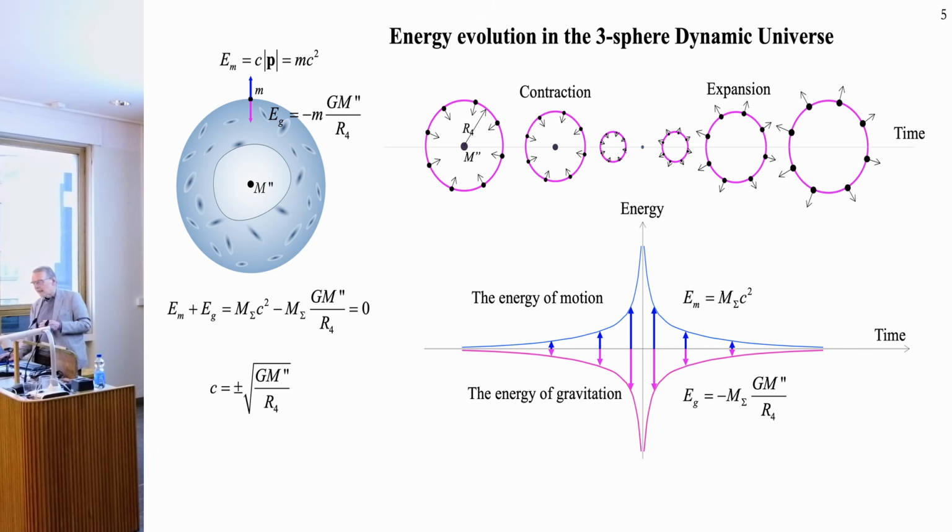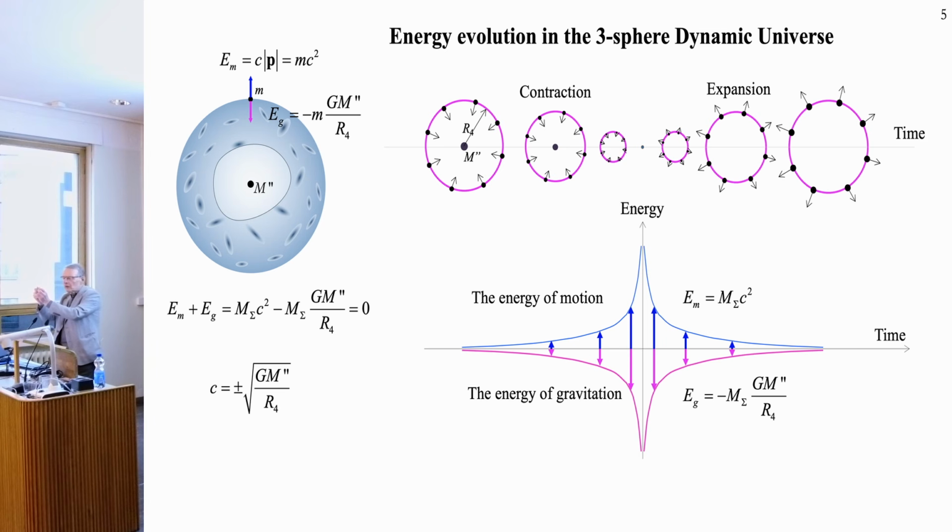What it means is that starting from practically, if we like, almost infinity in the past, the structure finds its mother center at the center of the spherical structure and wants to move against the center, which means that we are converting the gravitational energy of the system into the energy of motion.